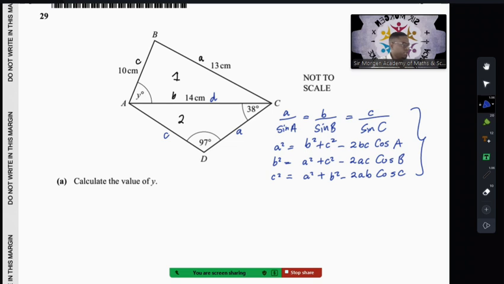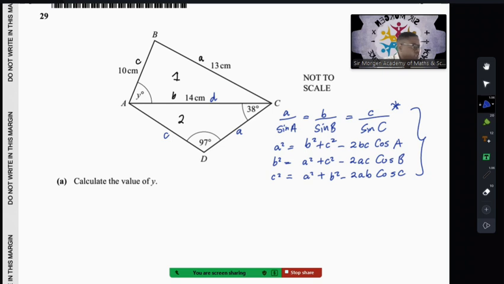Now the question wants us to find angle A, which is Y. They labeled that as Y. So if you look very closely at triangle number 1, the one that I labeled in black, you see that we cannot use the sine rule because we have no angle inside there.